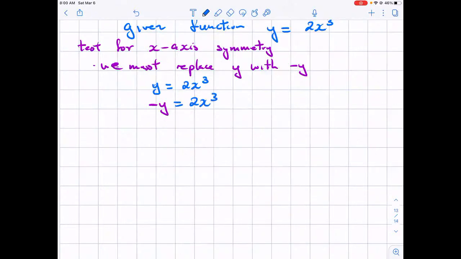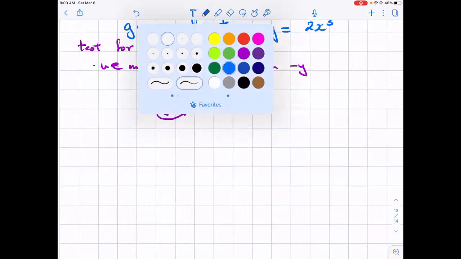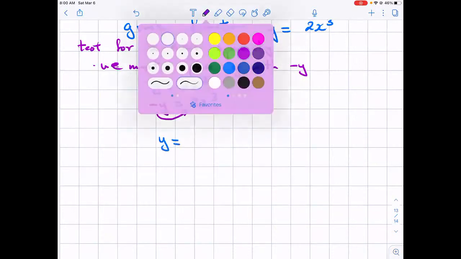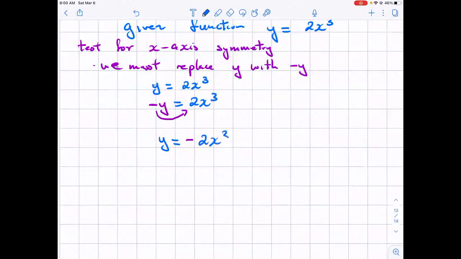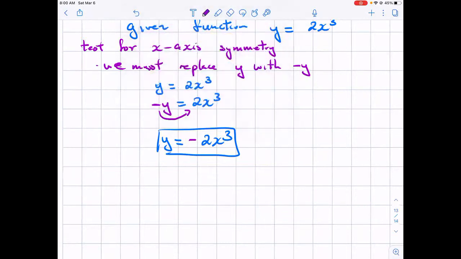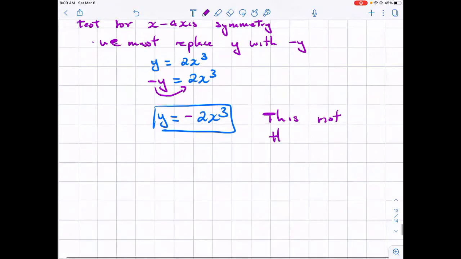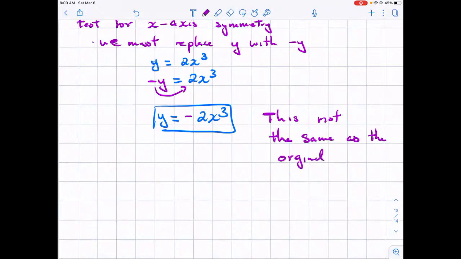If we try to get y by itself, we end up with y is equal to minus 2x cubed, and this is not the same as the original equation.